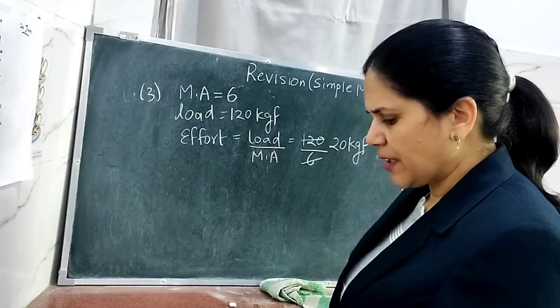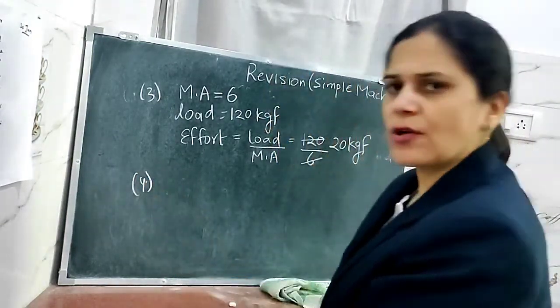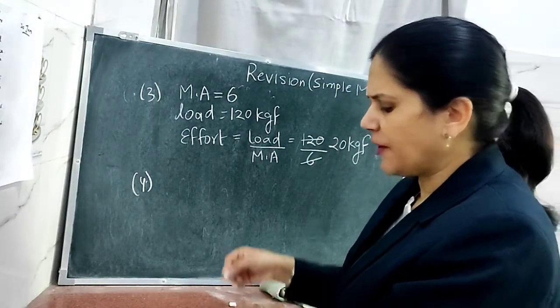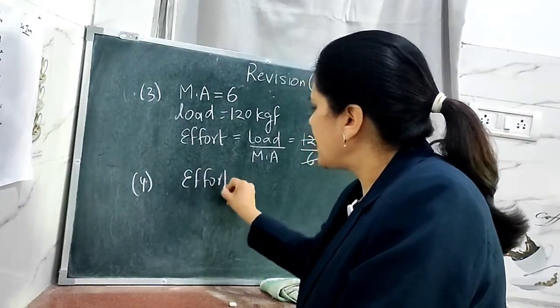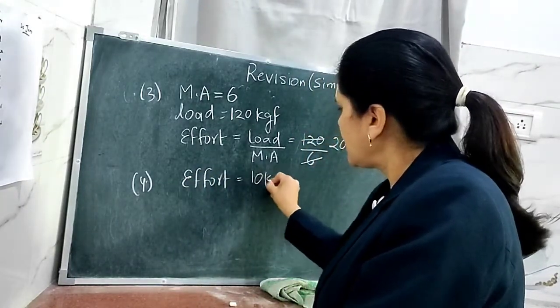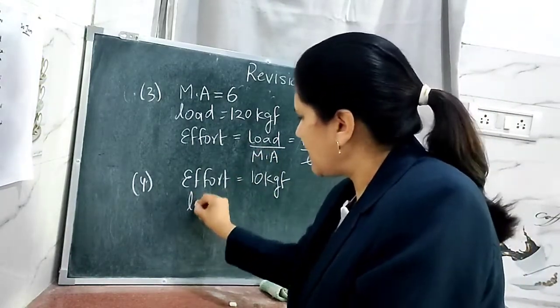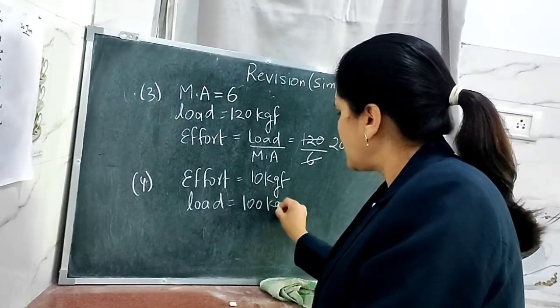Now let us go to the next example here. Question number 4, which is unsolved question which is given at the back of the chapter. In a machine, an effort of 10 kgf. Here the effort is being given as 10 kgf and the load is given here as 100 kgf.